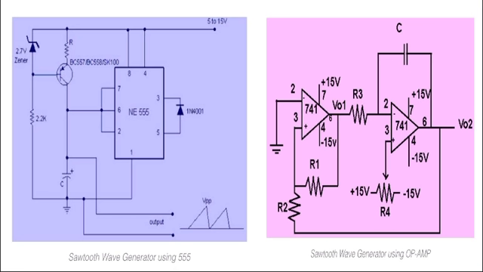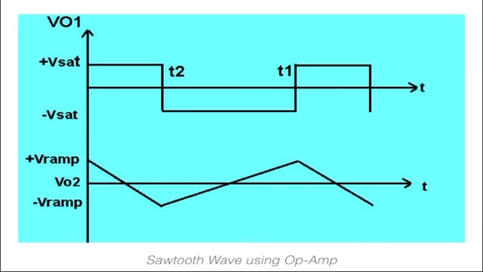This is the plot for the sawtooth wave using the operational amplifier. Here the slope decreases and the rise time also decreases, as you can see.